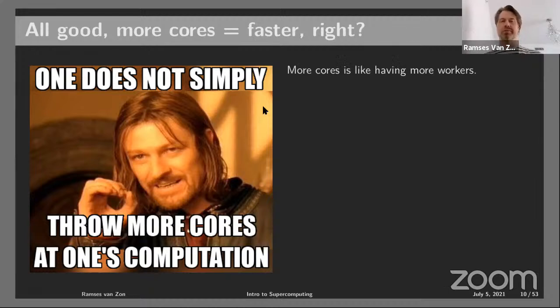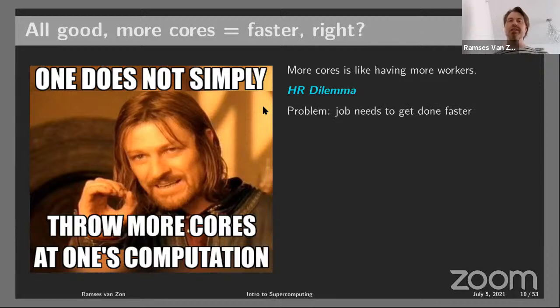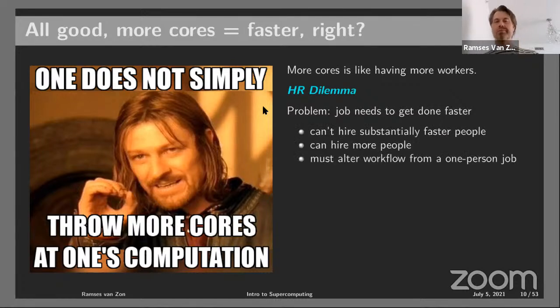Okay, so more cores is a bit like having more workers, right? And that gives a nice analogy with the human resources dilemma. If you have a job that needs to get done faster, but you can't hire faster people, what can you do? Well, you can hire more people, but now if they all have to work on the same project, then you have to alter the workflow so that it will work.